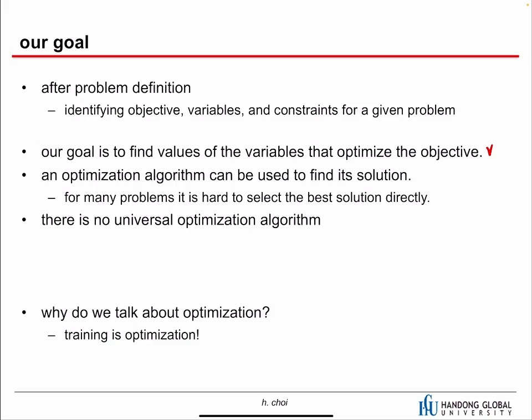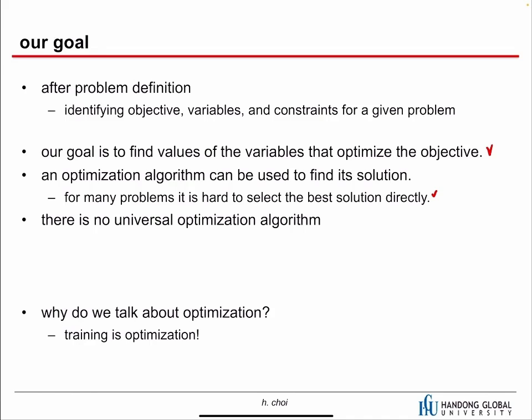For many problems, it is hard to select the best solution directly. By this, I mean sometimes we can come up with the analytical solution. So mathematically, we can prove the equations and find the best parameter from the equation. But for many problems, it's not easy to find an analytical solution.